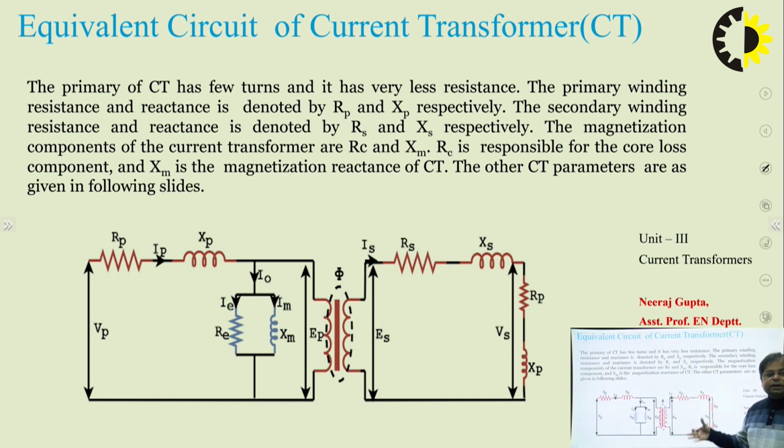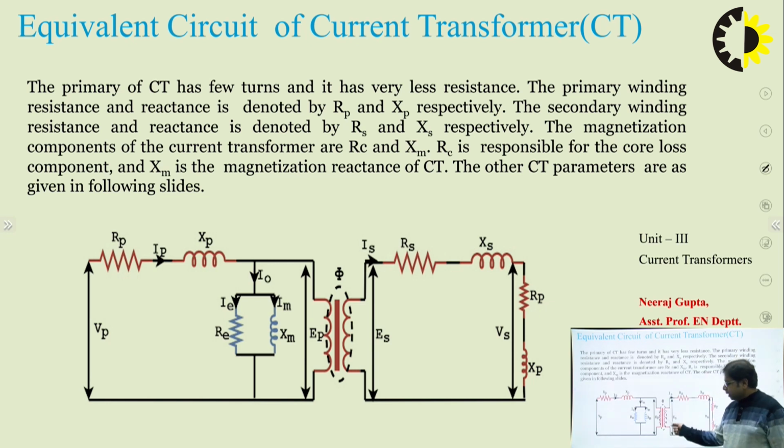This is the equivalent circuit of a CT, where RP and XP are the primary resistance and reactance, IP is the primary current, and VP is the primary applied voltage. These are the magnetic field loss components: RE, and the magnetic component XM. IE is the iron loss current and IM is the magnetizing current, and I naught is the resultant of IE and IM.